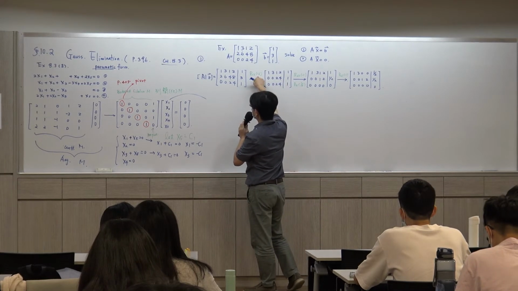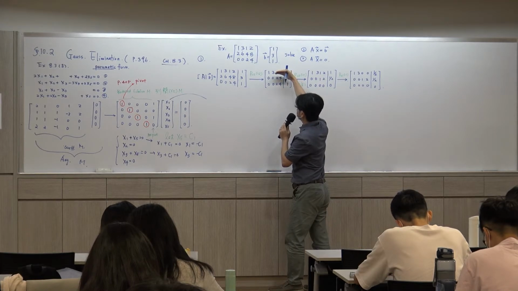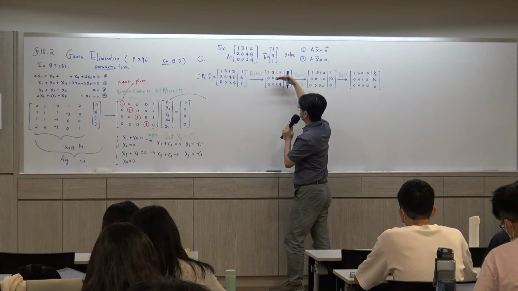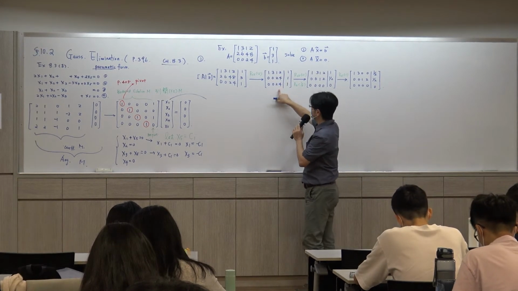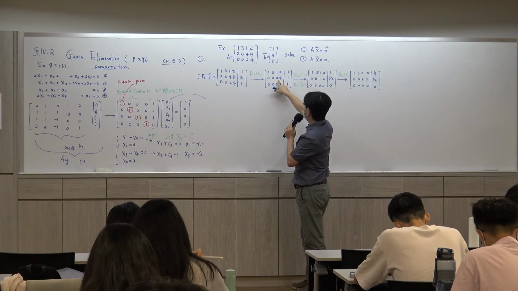So after this row operation, it's the first row times minus 2 plus the second row, we will get this. Okay, so you can see the third row is the same as the second row.